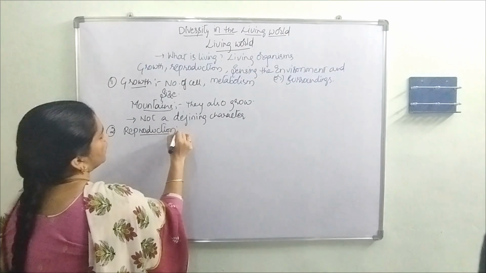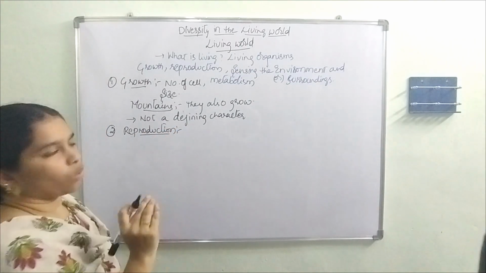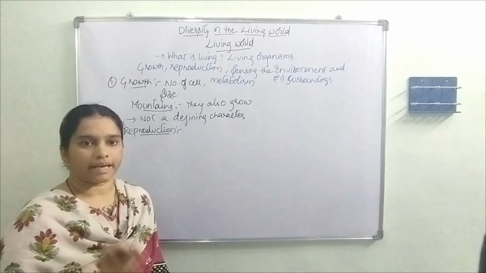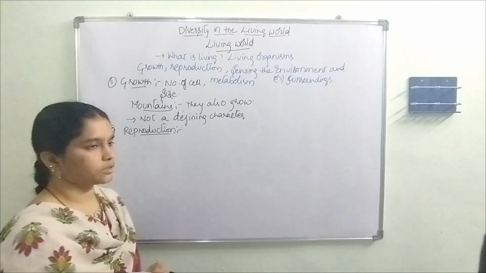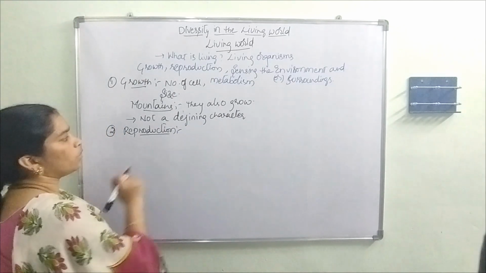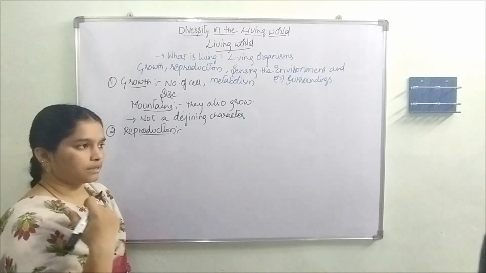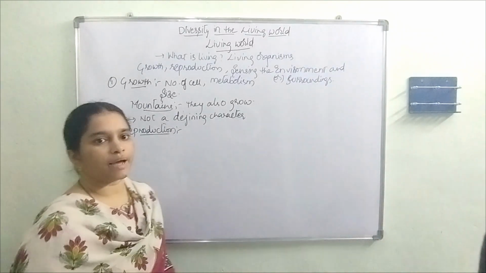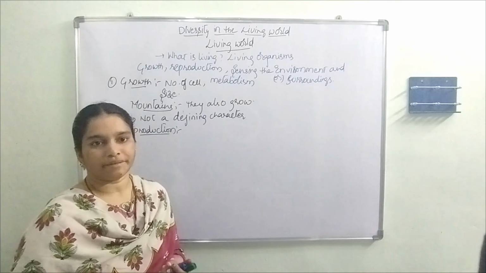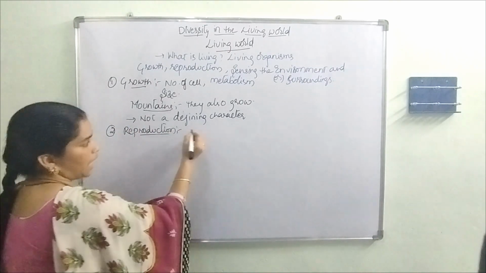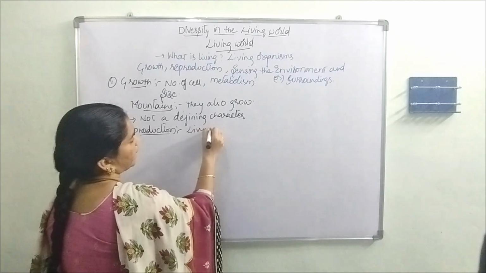Reproduction. Here, reproduction only in living organisms occurs. Here we cannot take the non-living organisms or non-living things. Now, what is reproduction? Reproduction is a process which is done by the fusion of male and female gametes, and now reproduction occurs in living organisms.